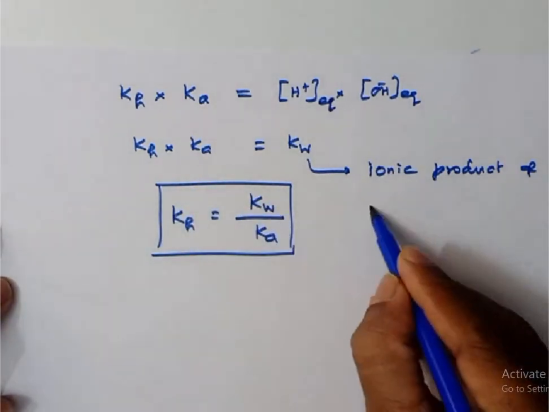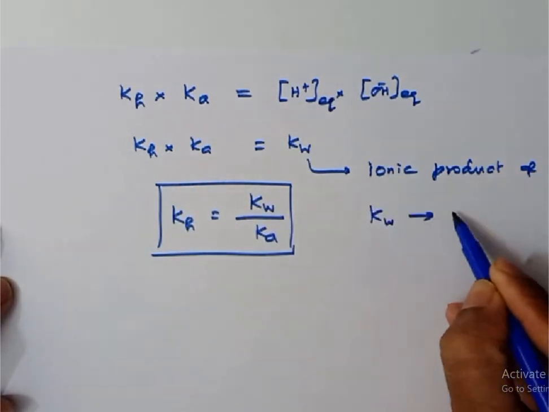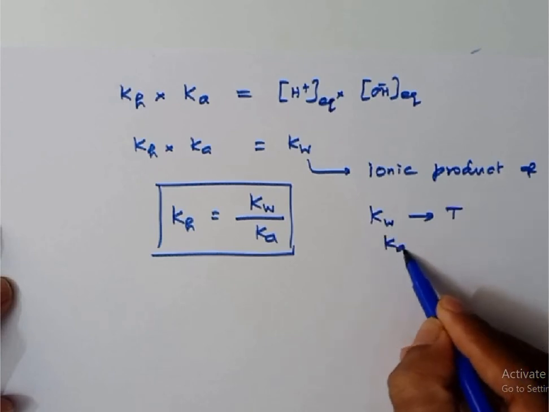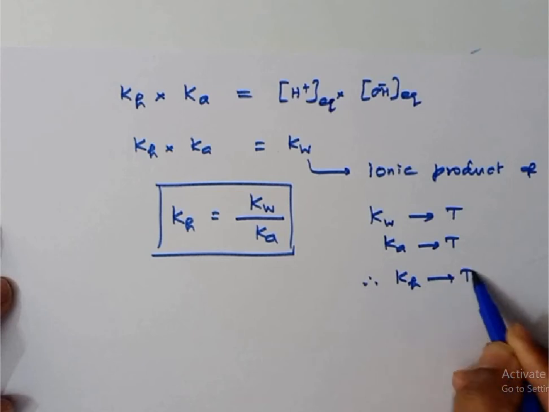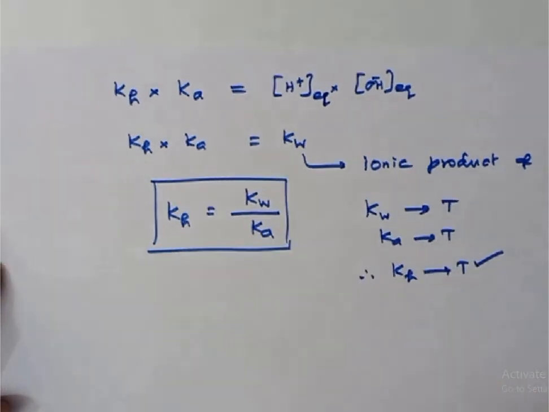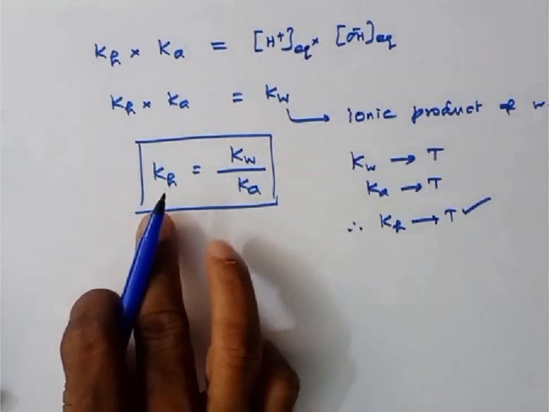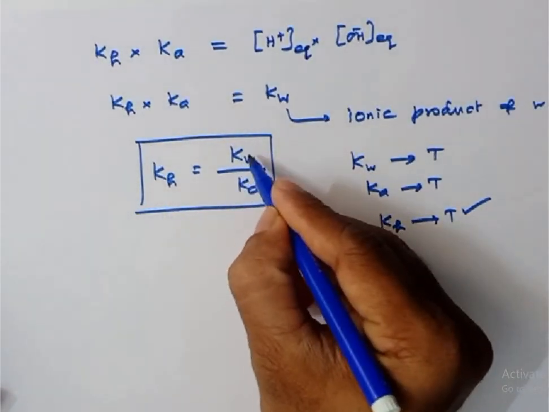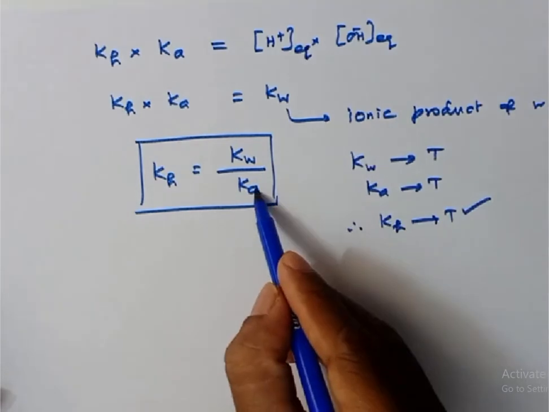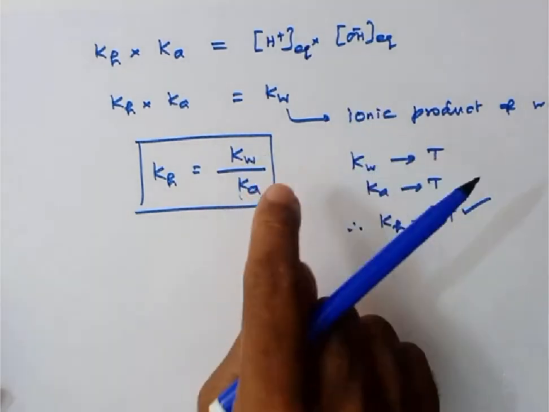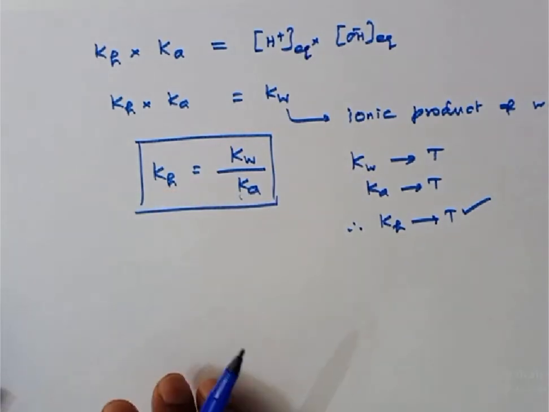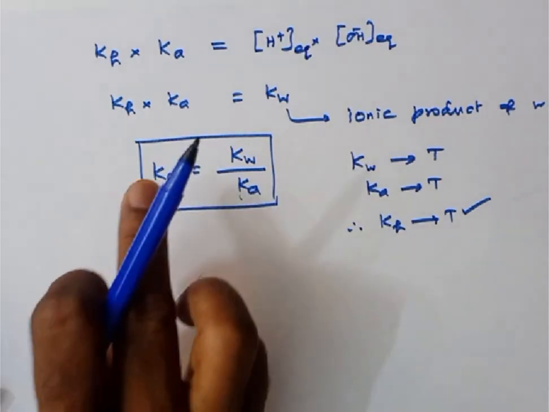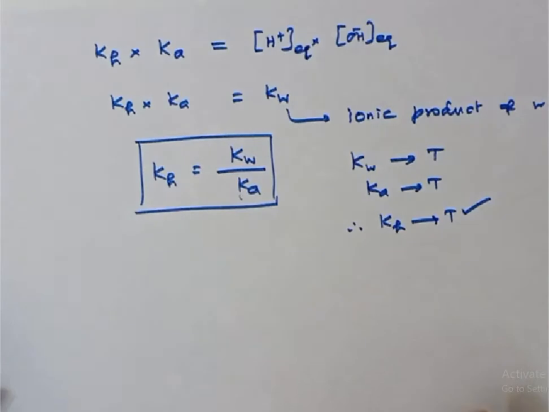KW depends on temperature, Ka also depends on temperature, therefore KH also depends on temperature. Remember that, it's very, very important. So if you know the value of KW at a given temperature and the value of Ka at the same temperature, then you divide these two values and you will get the value of KH. KH is nothing but the hydrolytic constant of the salt.